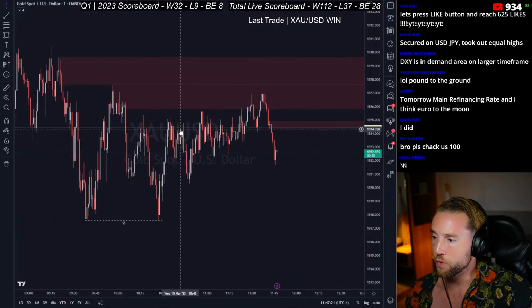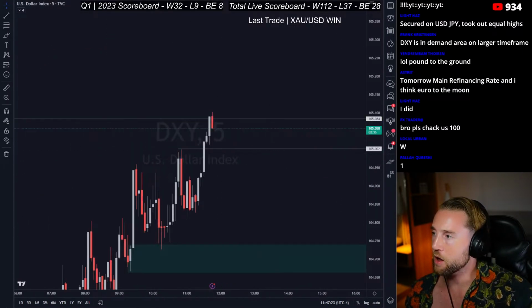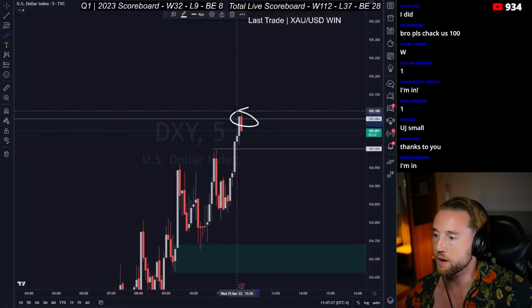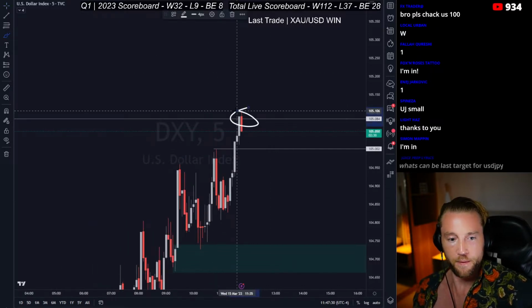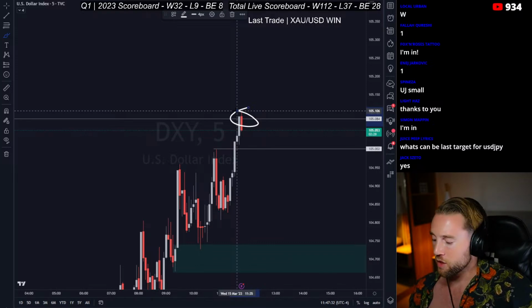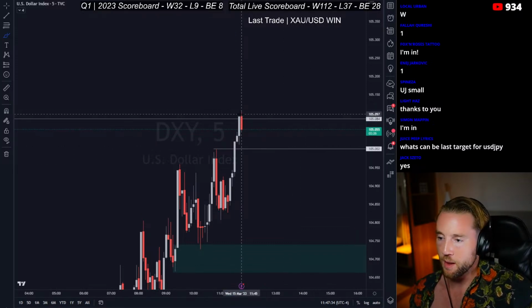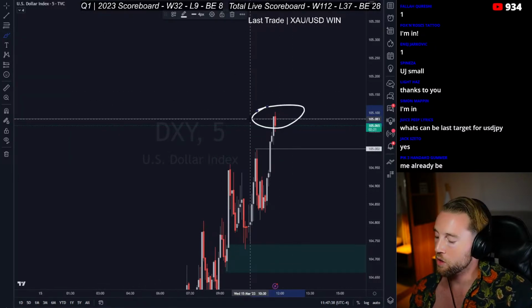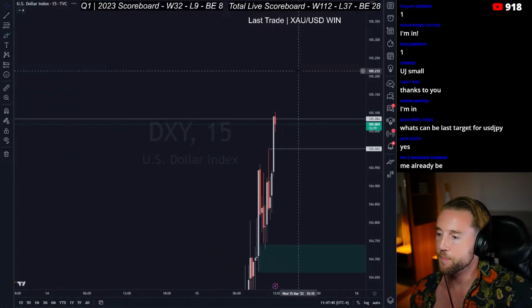In regards to gold, that depends on the dollar right now. I would be patient. You see that the dollar is reaching that important zone right here. Okay, secure yourself already for the US dollar Japanese yen then. Why? I'm saying this because the dollar is right now in a really crucial zone. I'll show you why.